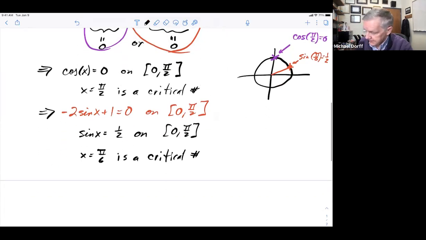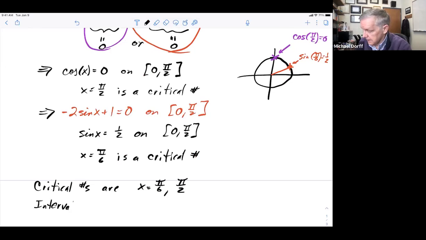So in summary here, we have critical numbers x equals pi over 6 and pi over 2. And we have the interval is 0 and pi over 2.